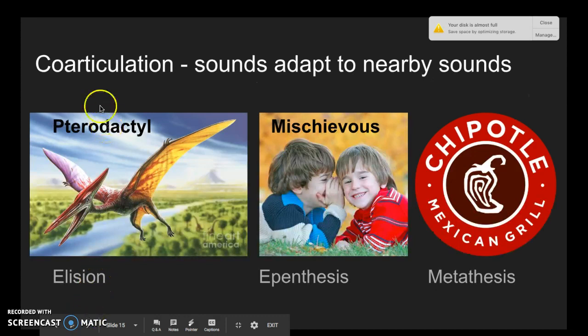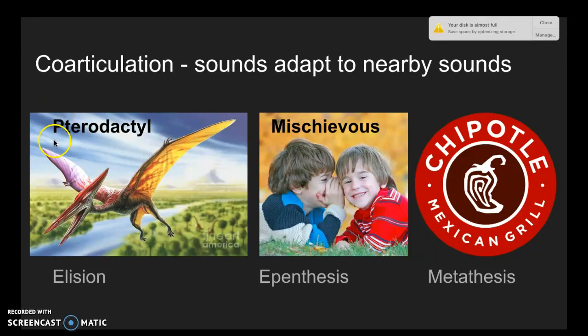I also want to talk briefly about co-articulation. It just means that sounds will adapt to other sounds around them. And this has to do with those phonotactics. So because we don't like that PT combination in English, we just adjust.